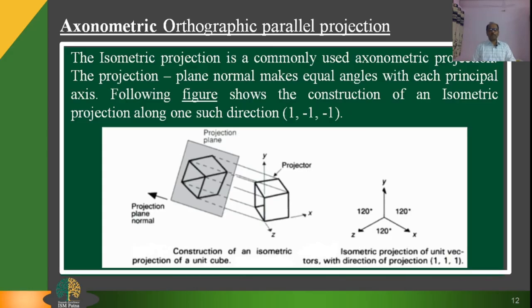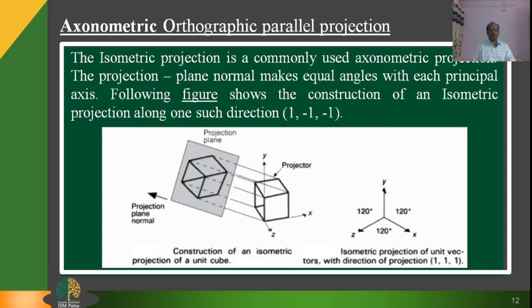The isometric projection is a commonly used axonometric projection. The projection plane normal is the direction of projection which makes equal angles with each principal axis.